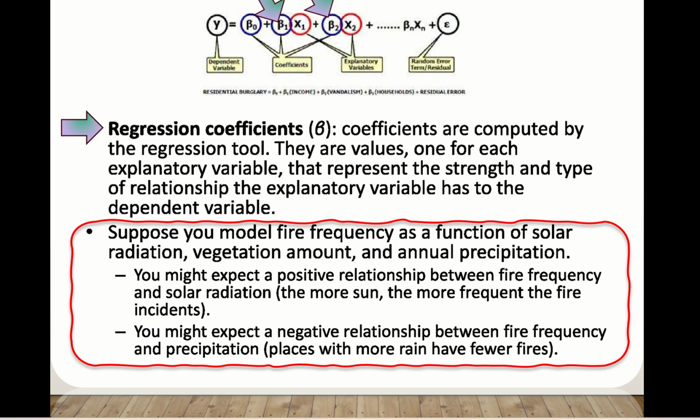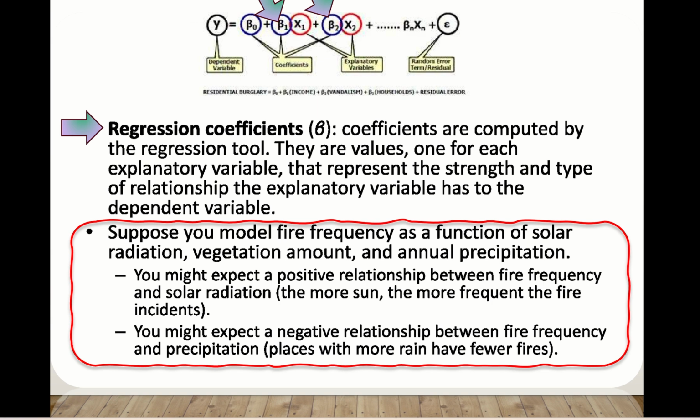So if you're trying to predict fire frequency, you probably would expect a positive relationship between fire frequency and solar radiation. The more sun, things get hotter and drier, you tend to have more fires. But on the other hand, you might have a negative coefficient with fire frequency and precipitation. The more it rains in an area, you might expect that to decrease the amount of fire frequency.